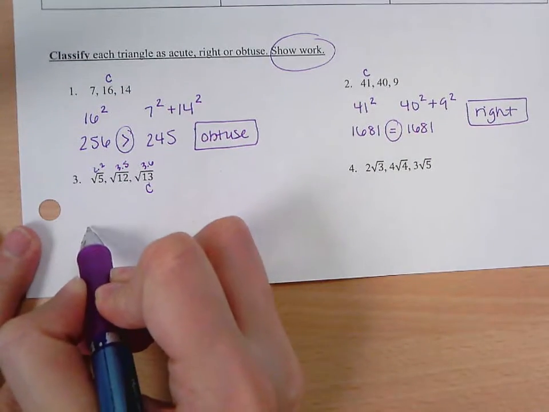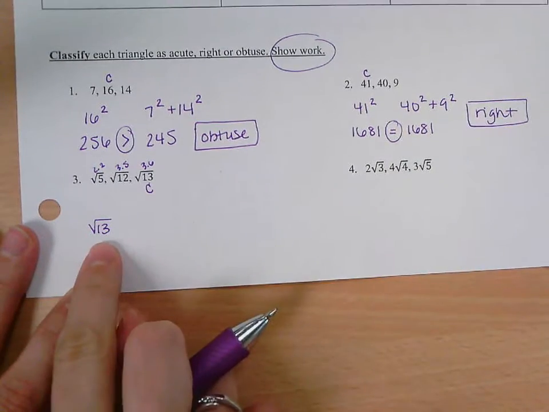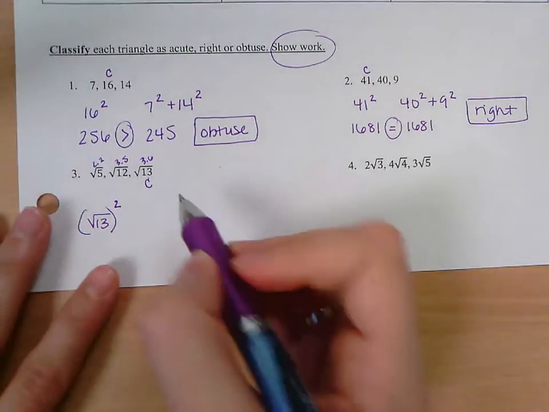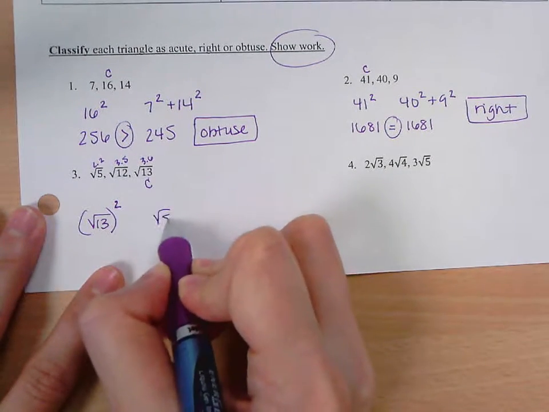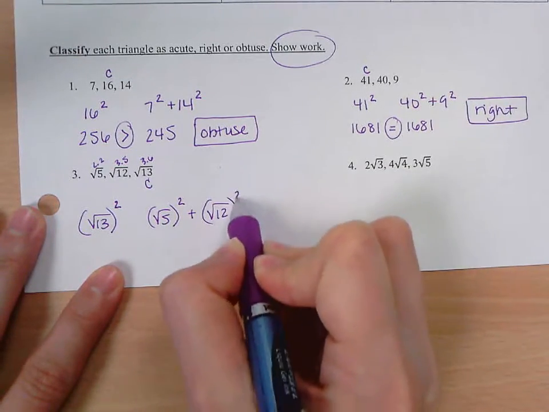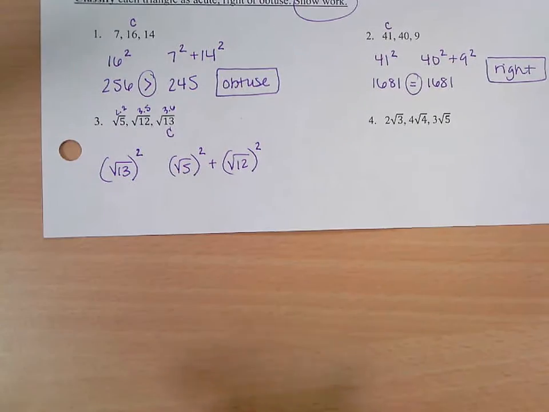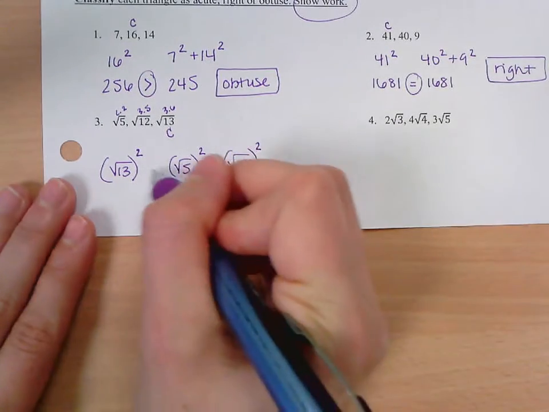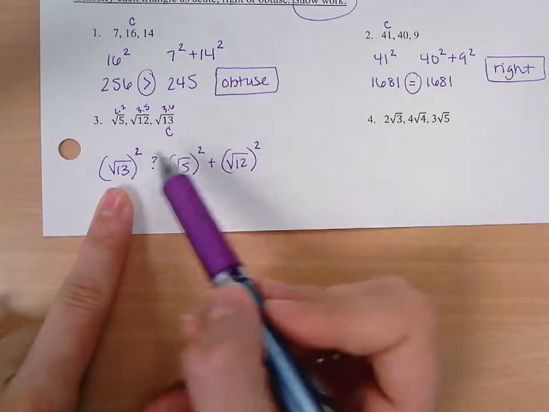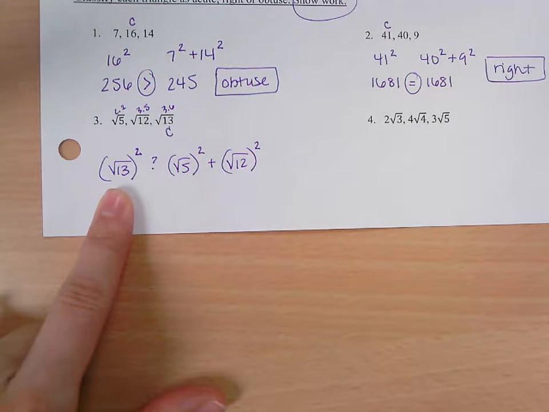So I would do the square root of 13 squared, and then I also have to figure out what is the square root of 5 squared plus the square root of 12 squared. And then I would compare. For the time being, you can put a question mark in between, because you don't know whether they are equal, or which one is greater or less than. What happens when you square a square root?